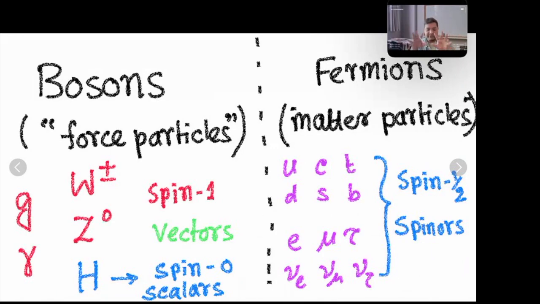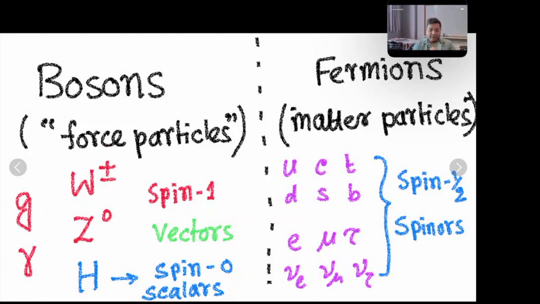Based on statistics, we had bosonic particles, which have integer spin, and fermionic particles, which have half-integer spin. Bosonic particles are the intermediating particles, sometimes called force particles: gluons for the strong interaction, photons for the electromagnetic interaction, and W plus, minus and Z for the weak interaction.